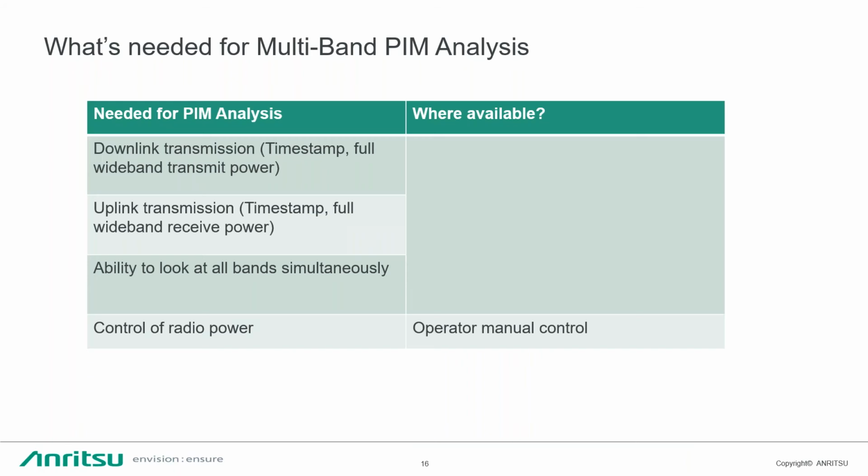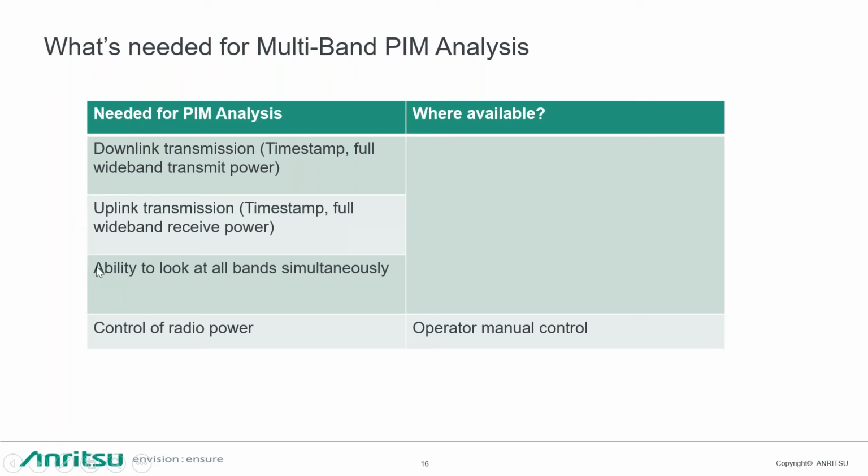Here is what's needed for a multi-band PIM analysis. We want to analyze PIM, and we want to answer the questions of how to diagnose it. We need to know where the transmitters are, so we need to know the downlink transmission frequencies and the timestamps. We need to be able to look at the uplink and see how that reflection is coming back into the uplink.